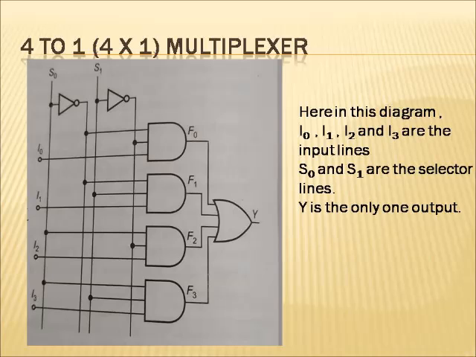If you look at the 4-to-1 multiplexer, it looks quite similar to, or we can say it is a modified version of, a 2-to-4 decoder.